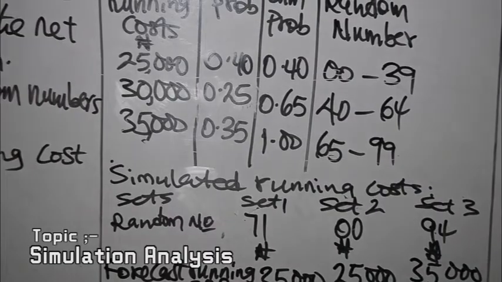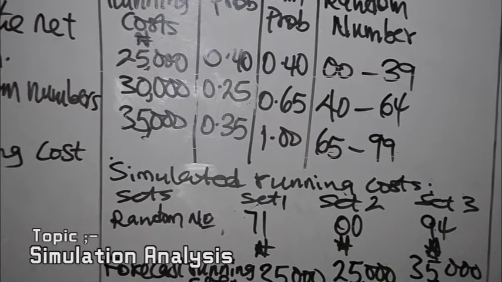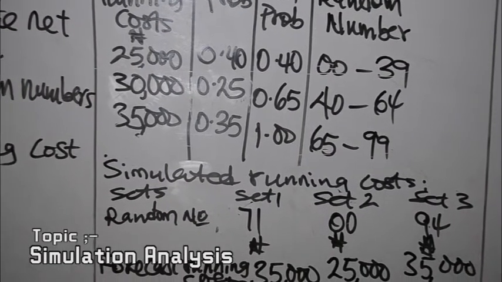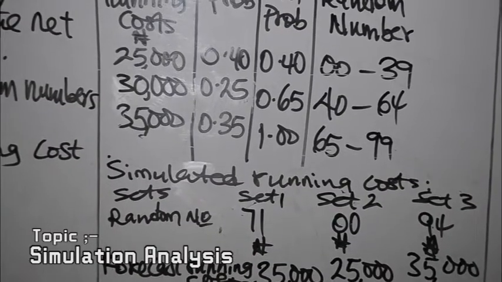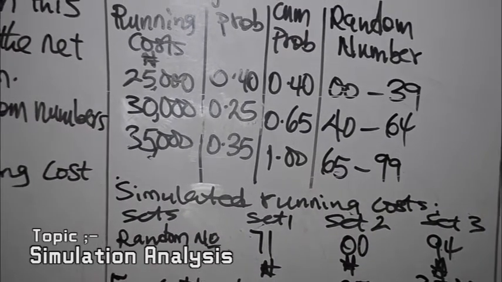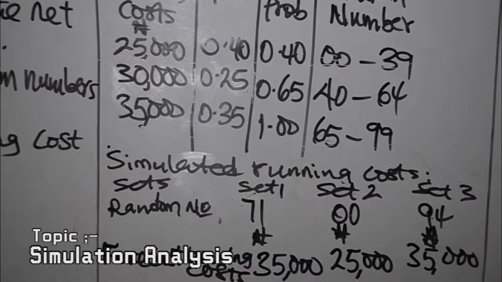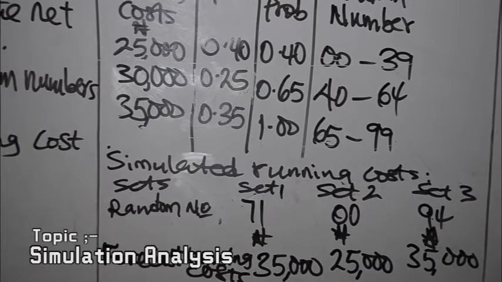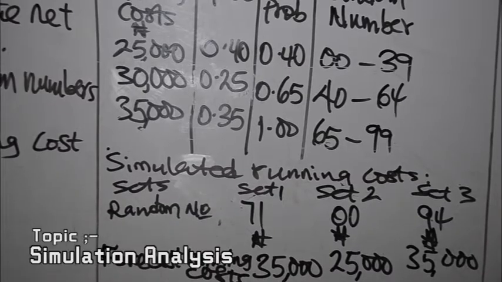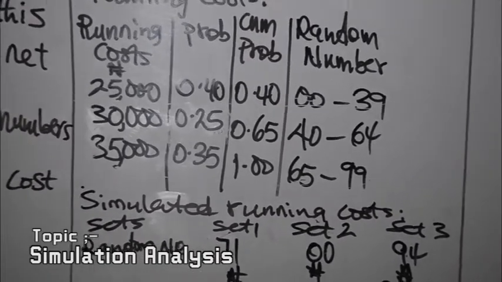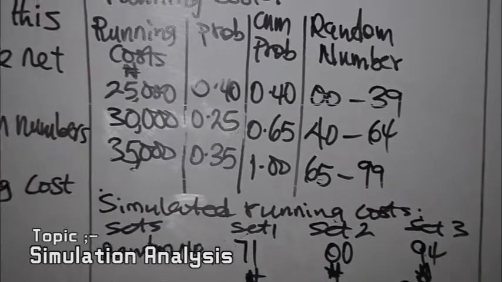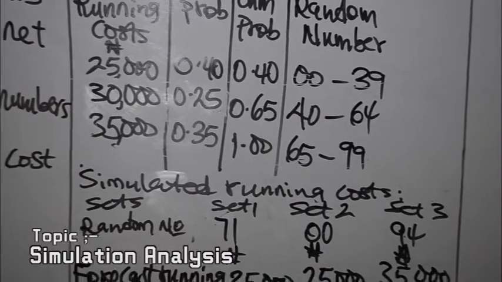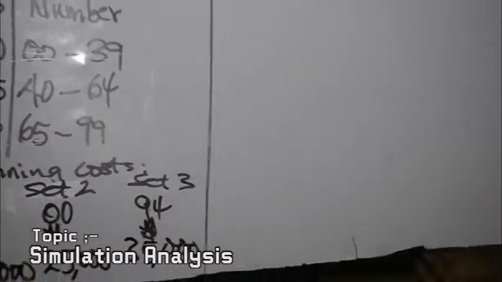The next thing is that we want to determine our net cash flows for the purpose of our net present value calculation. We want to determine the net cash flows for the purpose of NPV.